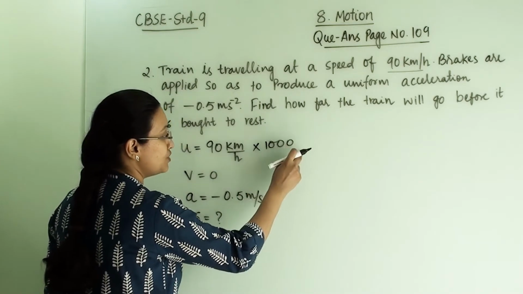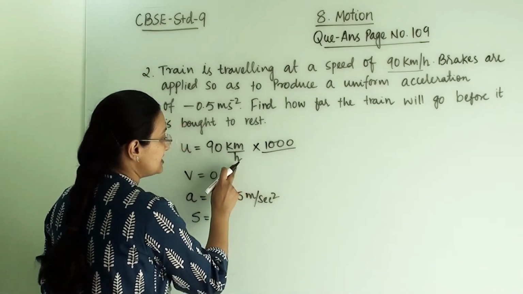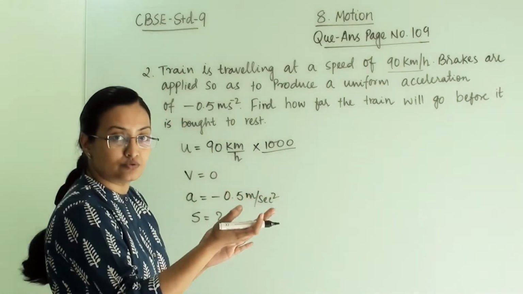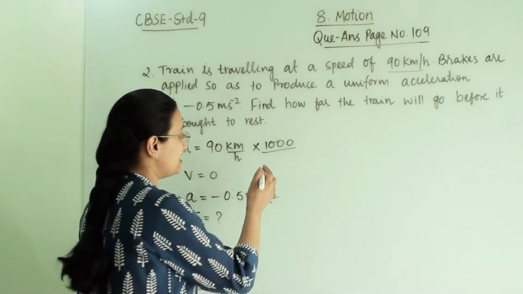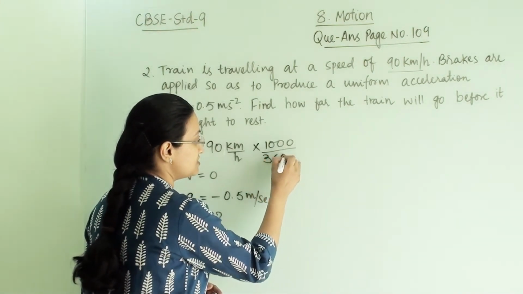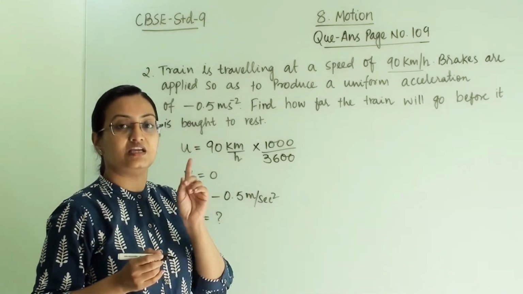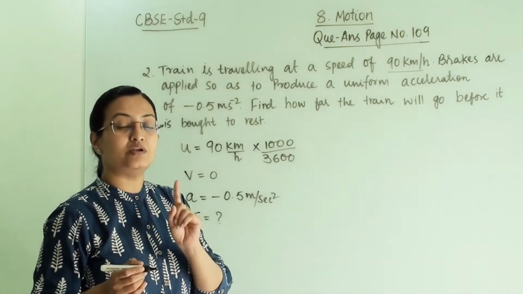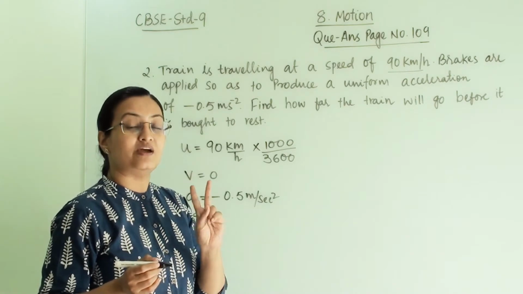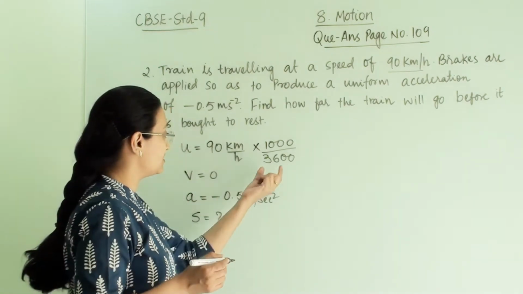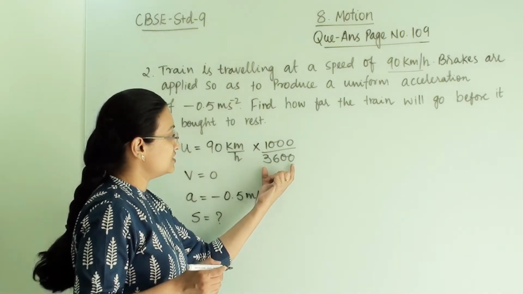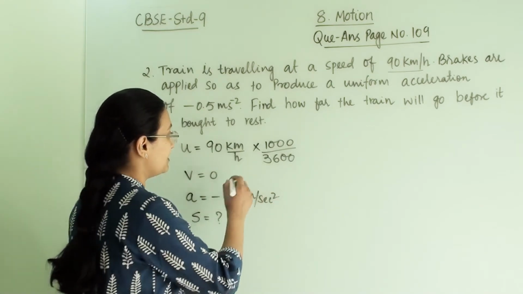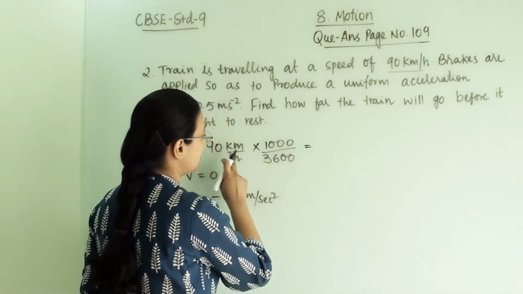Now hour we have to convert into second. So hour to second is 3600 seconds: 60 into 60. 1 hour equals 60 minutes and 1 minute equals 60 seconds. So we multiply 60 two times to convert it into seconds, so it is 3600.